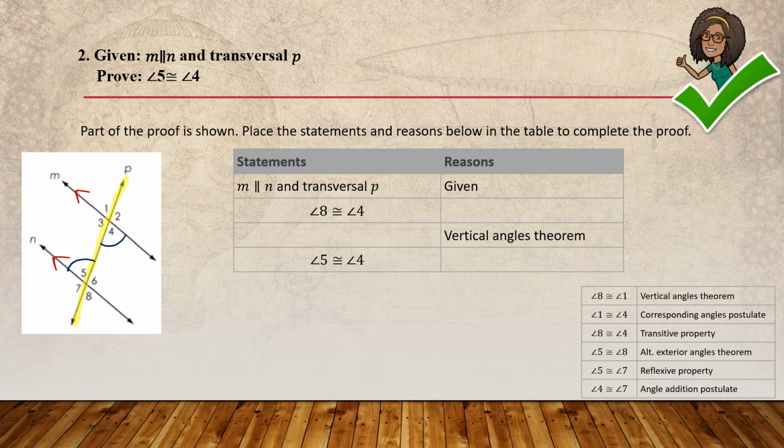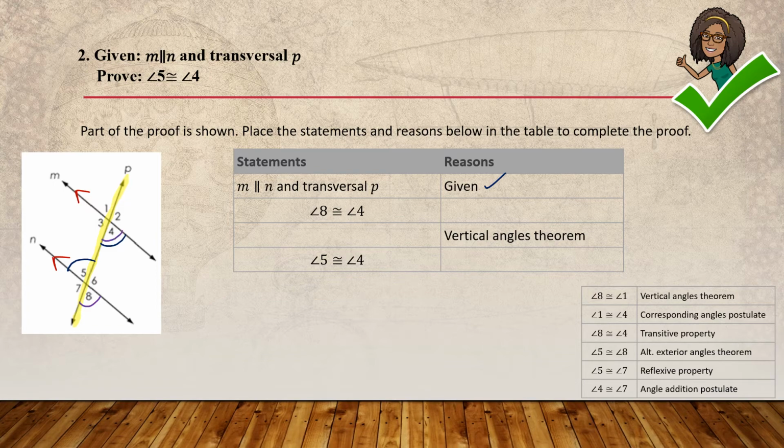So they already give us that the two lines are parallel with transversal P, that's given to us. And then we need to fill in the blanks with the table that's provided here of either the reason or the statement to go along with the input that we have. So they give us that angle 8 and 4 are congruent.